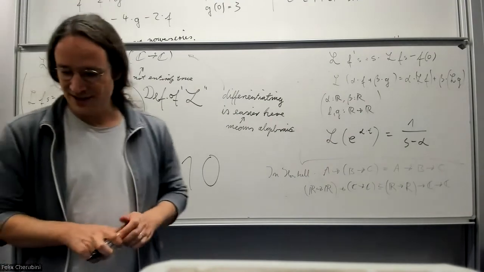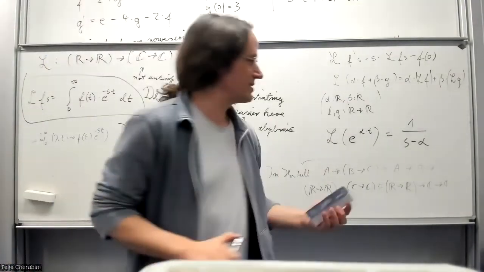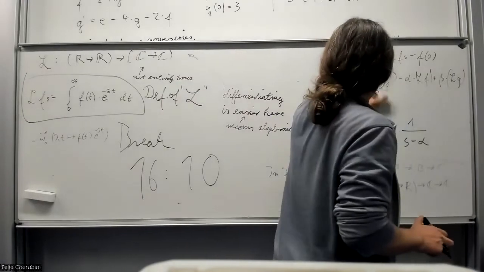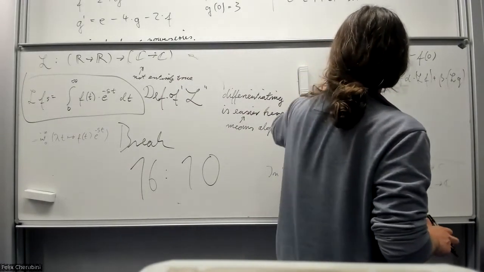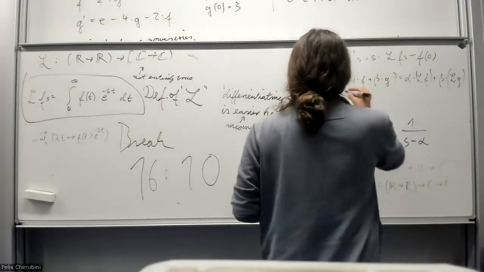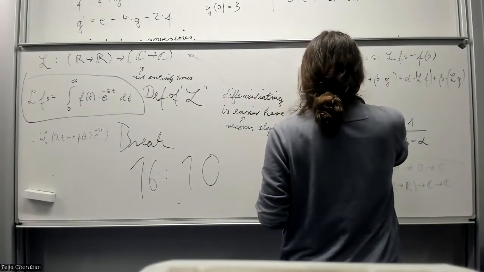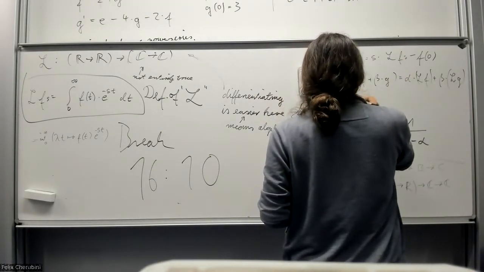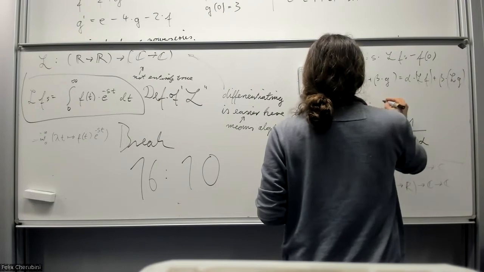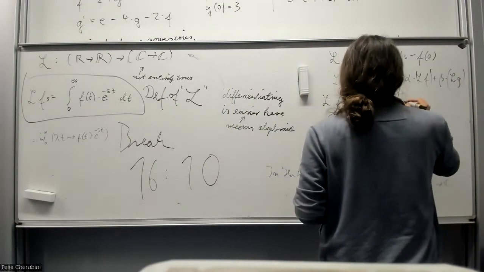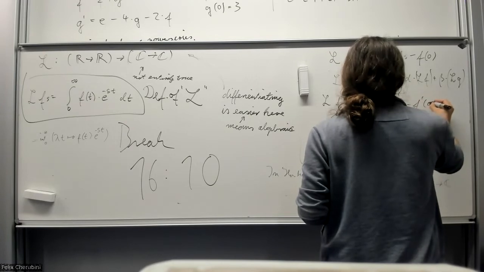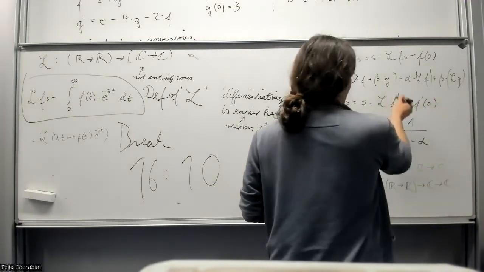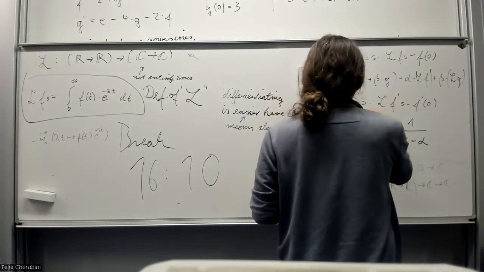You can actually derive your second derivative thing from this one. So if you have the Laplace of f double prime of s, it is s times the Laplace of f prime of s minus f prime of 0, and then you can go on and resubstitute this again.